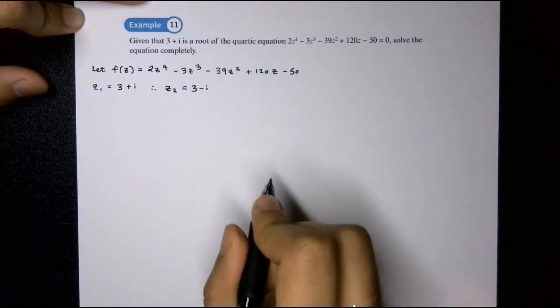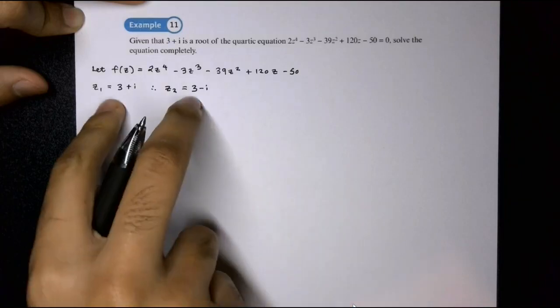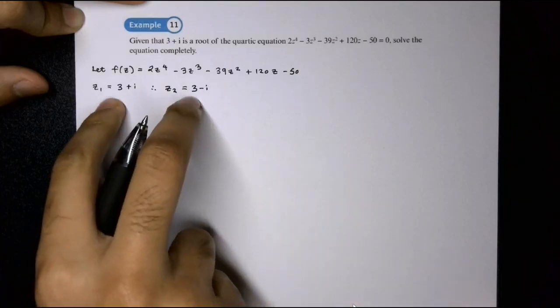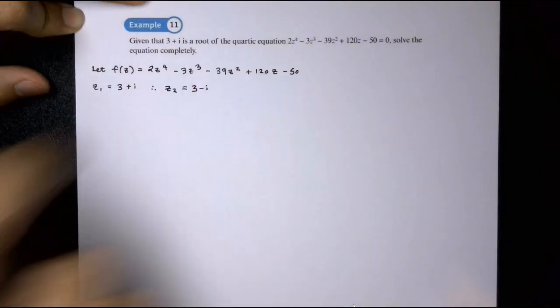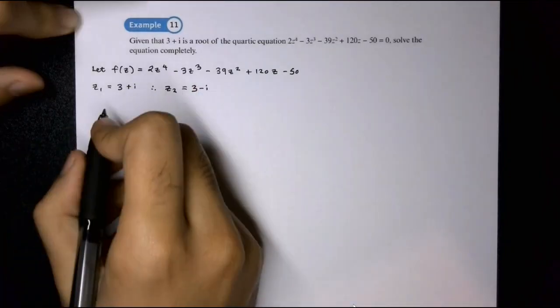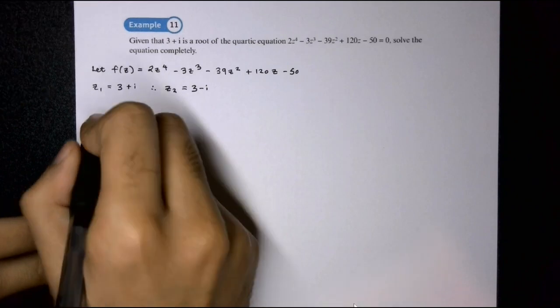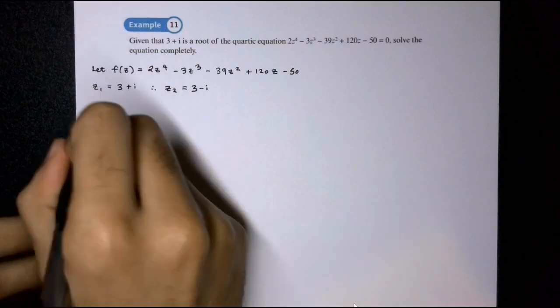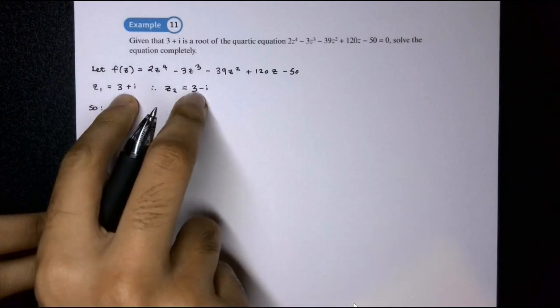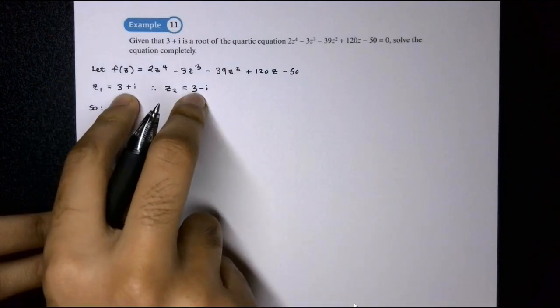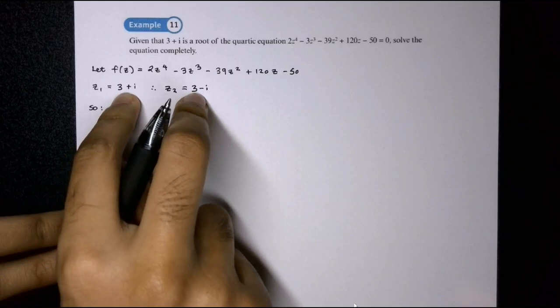So with this, we can form a quadratic which will be a factor of f of z. What we can see from here is these two can help form a quadratic factor.